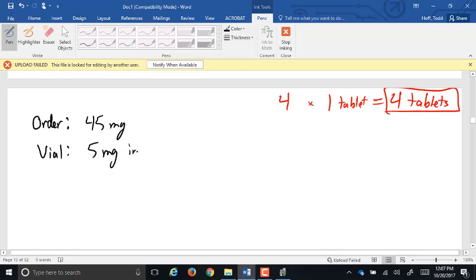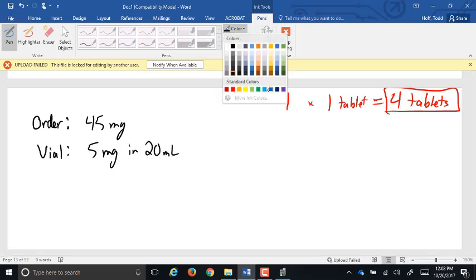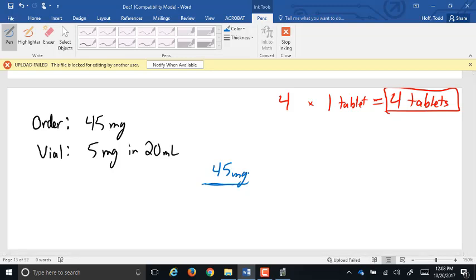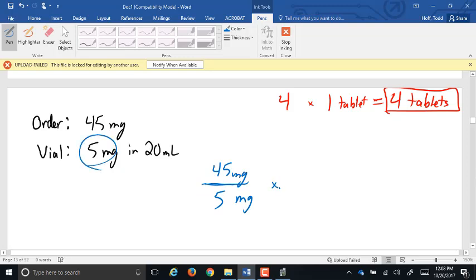The vial says 5 milligrams in 20 milliliters. What goes on the top of our little happy little fraction? 45 milligrams is what the doctor orders. That's our desired dose. The on-hand dose, we know it has to be milligrams, so that would be the 5.